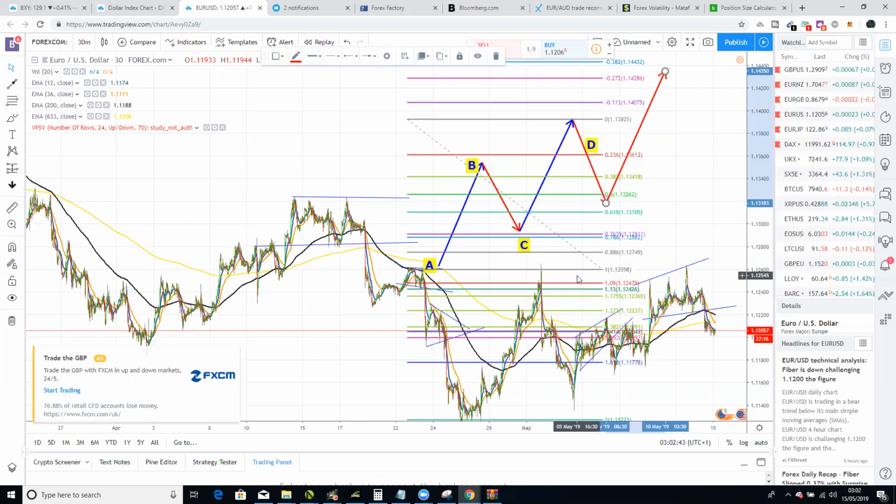Because when it comes to harmonics, you can get your entry right spot on, you can get your targets right spot on using the measuring tools, and you can get your take profit right spot on at different kinds of Fibonacci levels, tagging them at the same time with the market structure, which is all these points here.